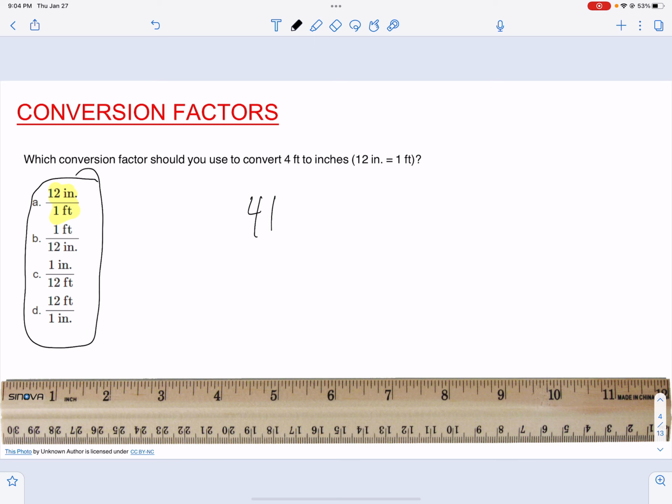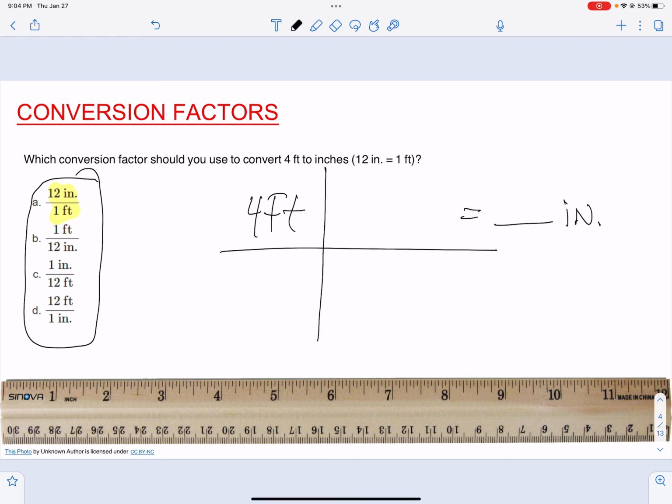Given 4 feet, can I find inches? Train track, whatever I want to get rid of goes at the bottom. That way I can cancel it. Whatever I'm looking for goes on top.